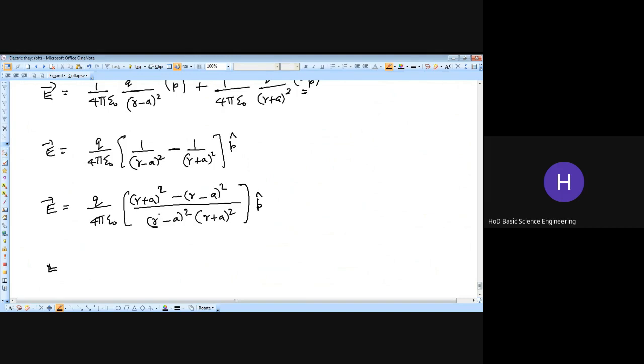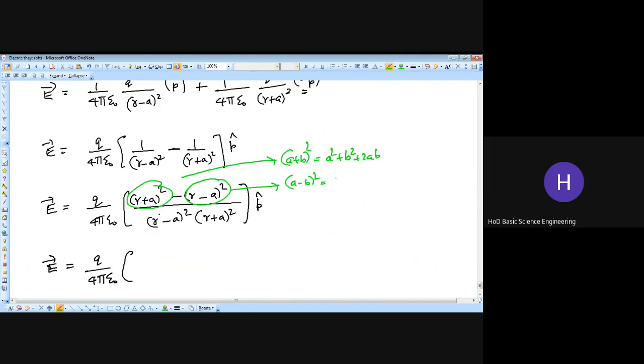Now, just simplification, Q by 4 pi epsilon naught. For this, you can apply the (A plus B) whole square formula. What do you get? A square plus B square plus 2AB. For this, you can take the (A minus B) whole square formula, that is A square plus B square minus 2AB.